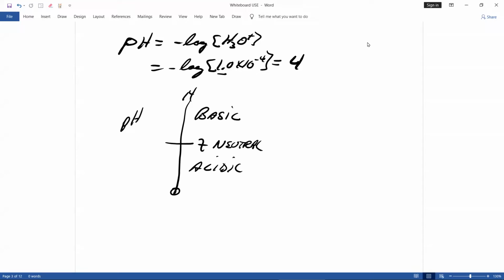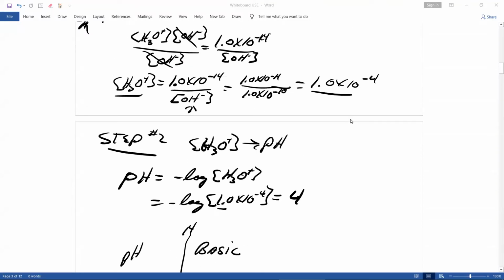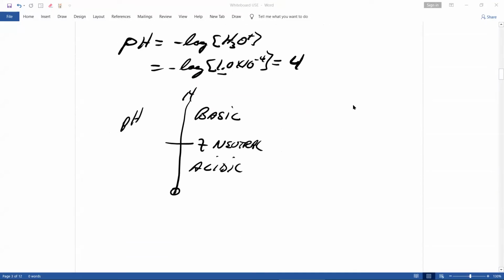And I see a question, so I'm going to take a second. And the answer is yes. Let me finish this and I'll scroll back up and go through it. So pH is 4, it's less than 7, so this is acidic.